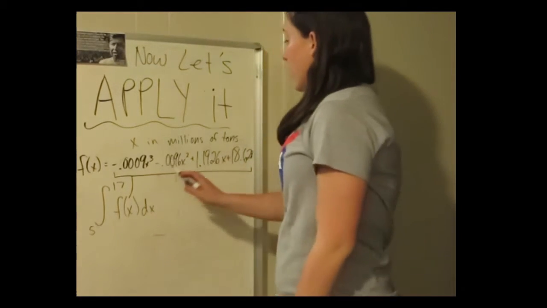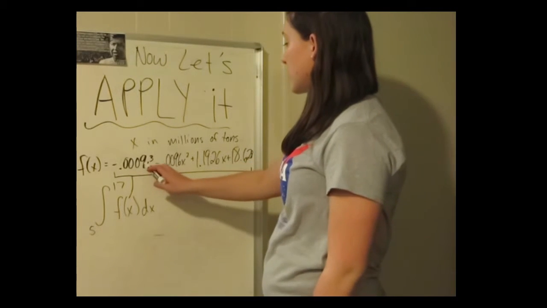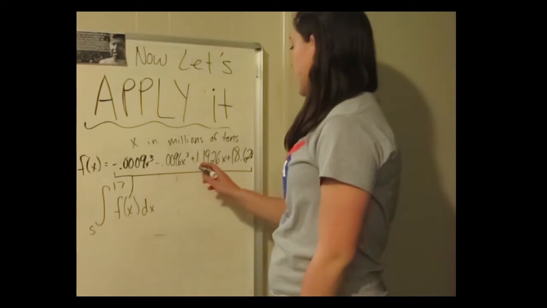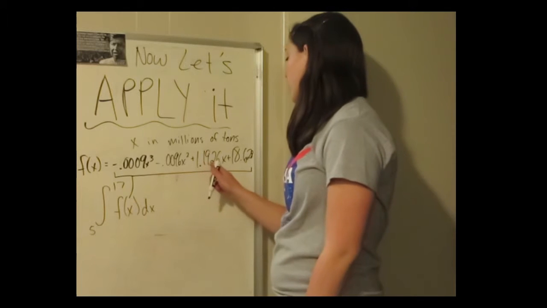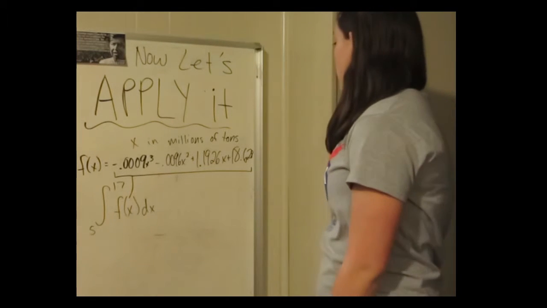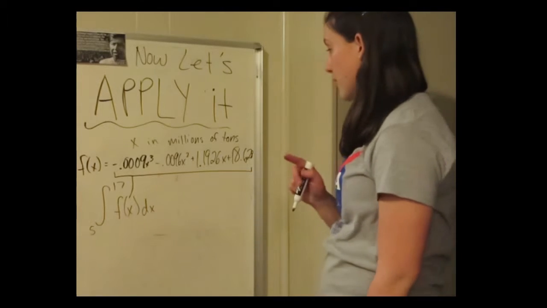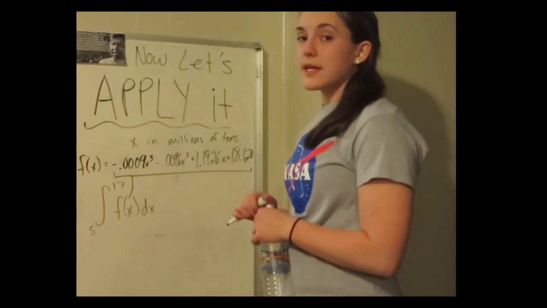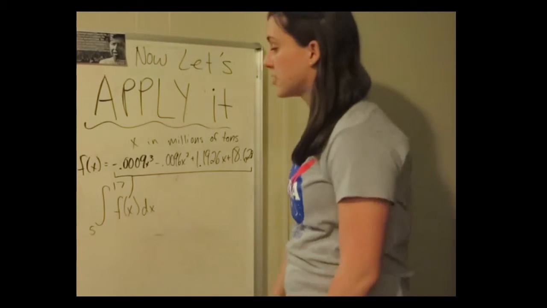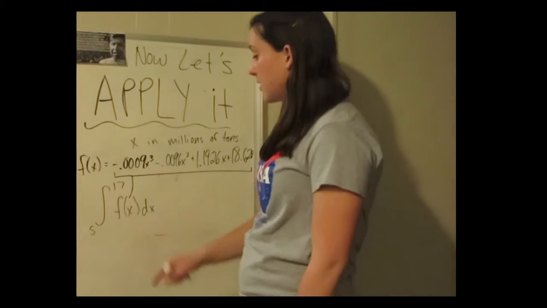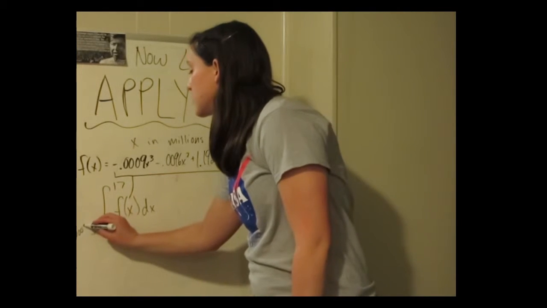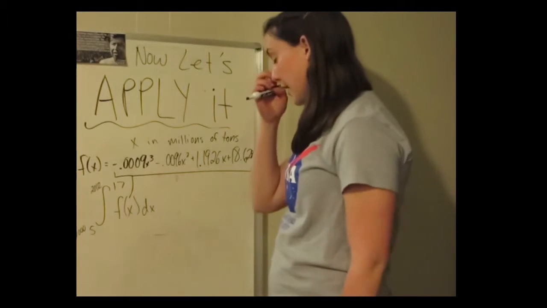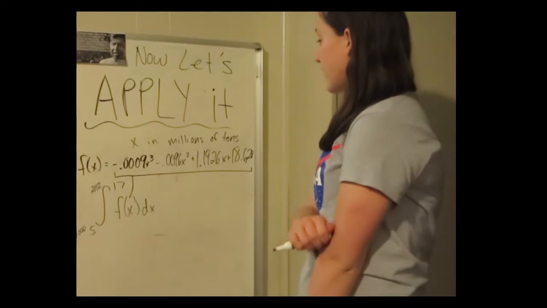It is 0.0009x to the third minus 0.096x squared plus 1.1926x plus 18.628. So that is our function, and this is going to help us find the amount of plastic the U.S. has generated between the interval 5 to 17, and those are the years 2000 to 2012, because 2000 is 5 years after 1995, and 2012 is 17 years after 1995.